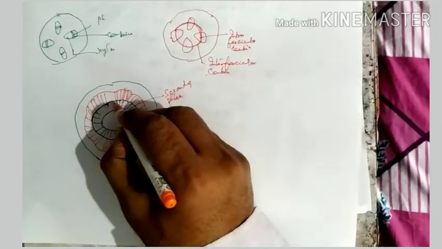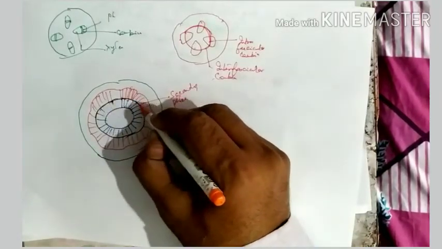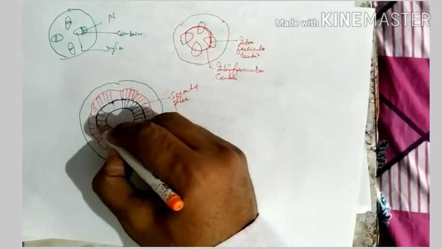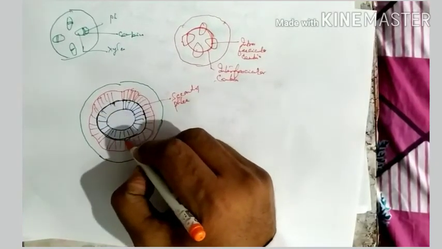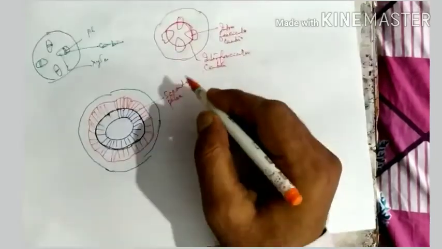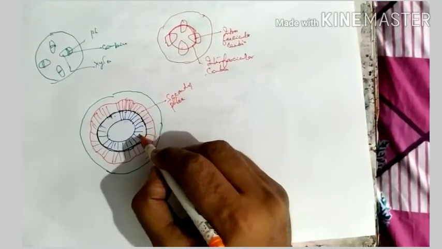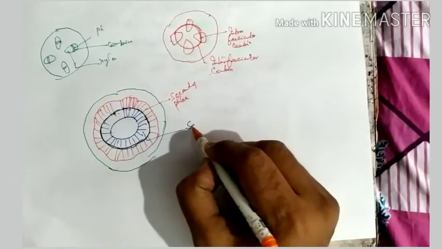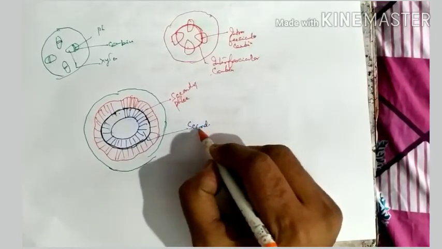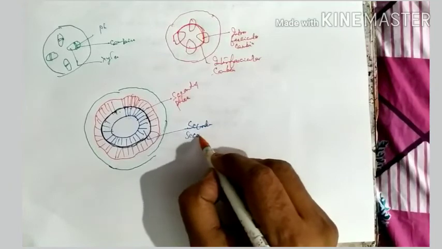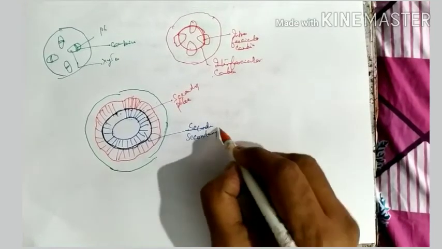This cambial ring cuts the secondary phloem outside and the secondary xylem inside. This is the secondary xylem.